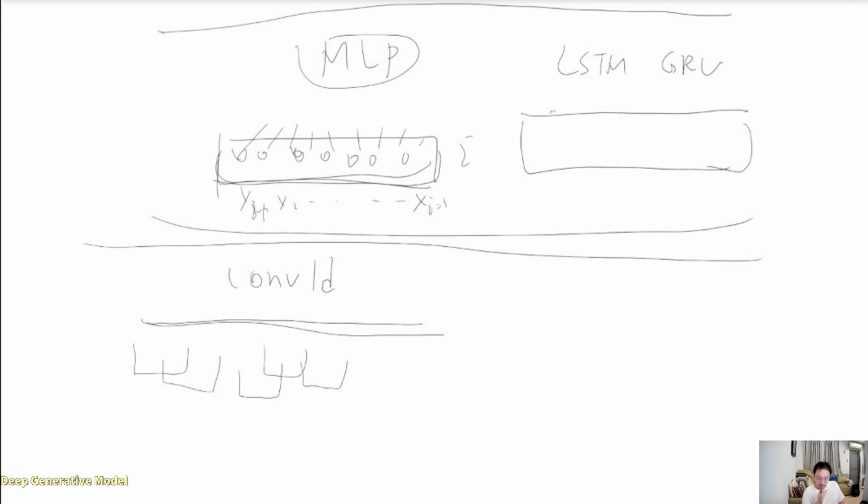It doesn't have to be strictly local, but if the local correlation is more important than longer correlation, a convolution might be a very suitable architecture to model your neural network.